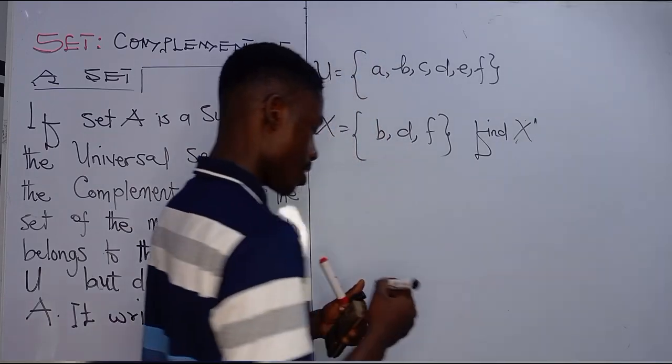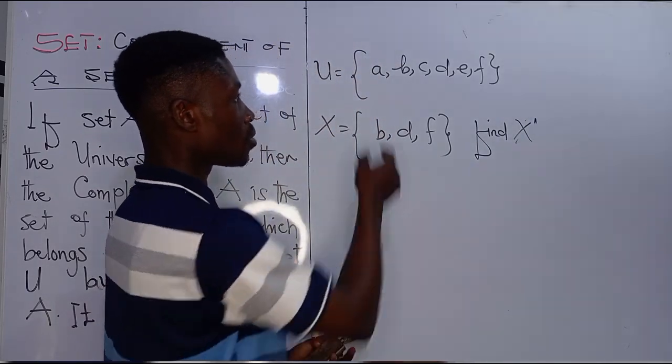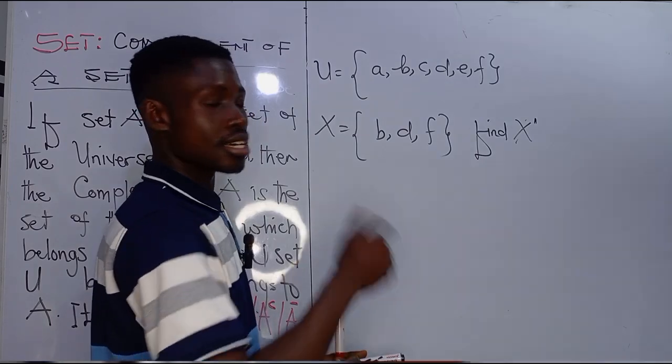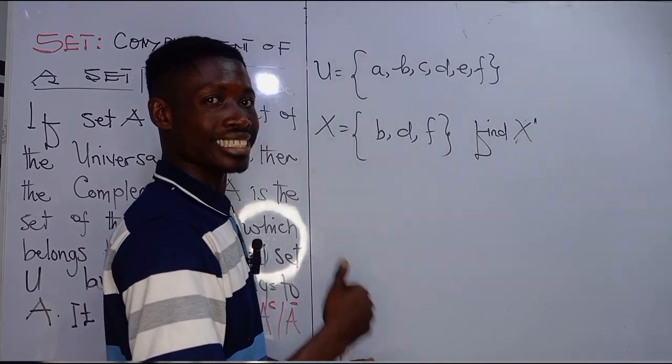X complement, which means that we want to look out for all those elements that belong to the universal set but do not belong to the subset X.